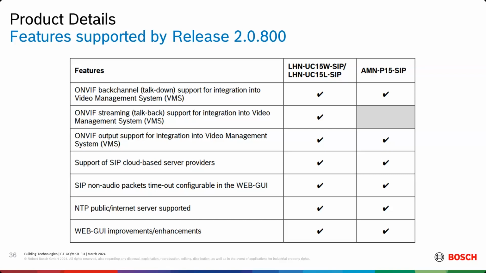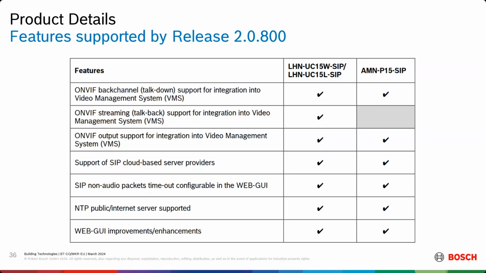The audio stream from the device, in our case the IP horn, to the VMS is called ONVIF streaming. But ONVIF offers also the option to send media back from the VMS to the client. So in our case, the IP horn loudspeaker or the amplifier module.